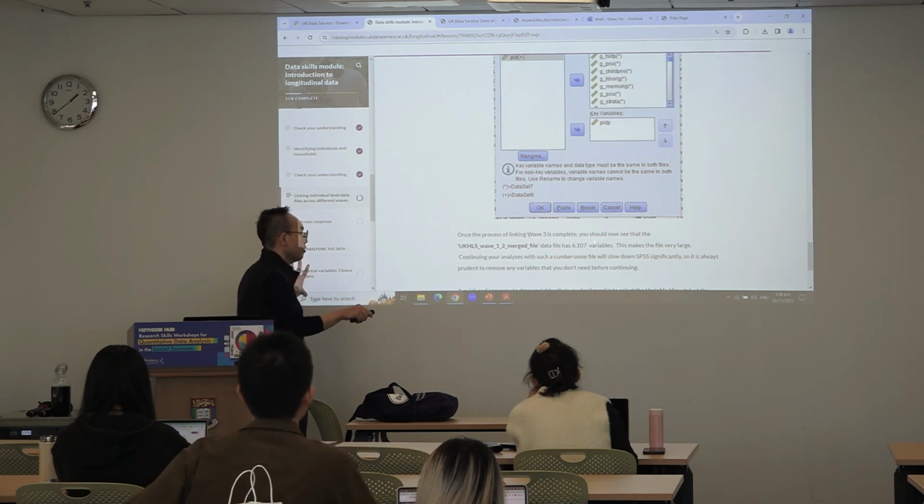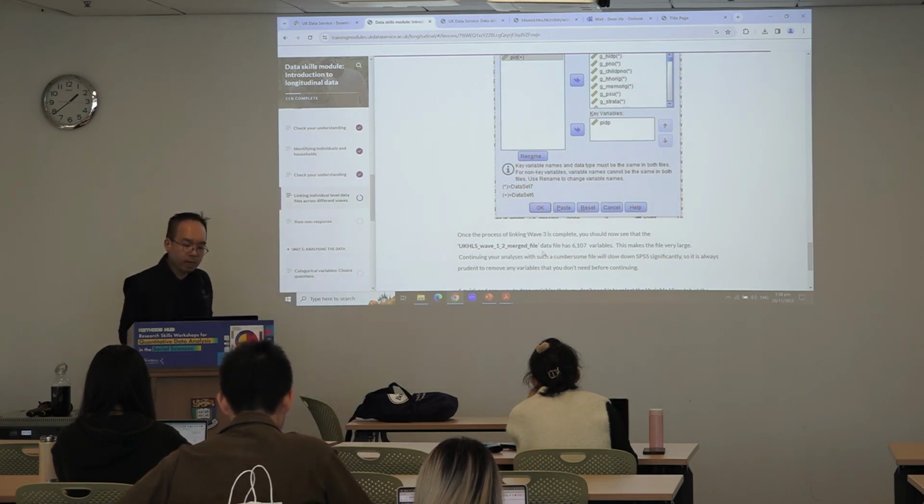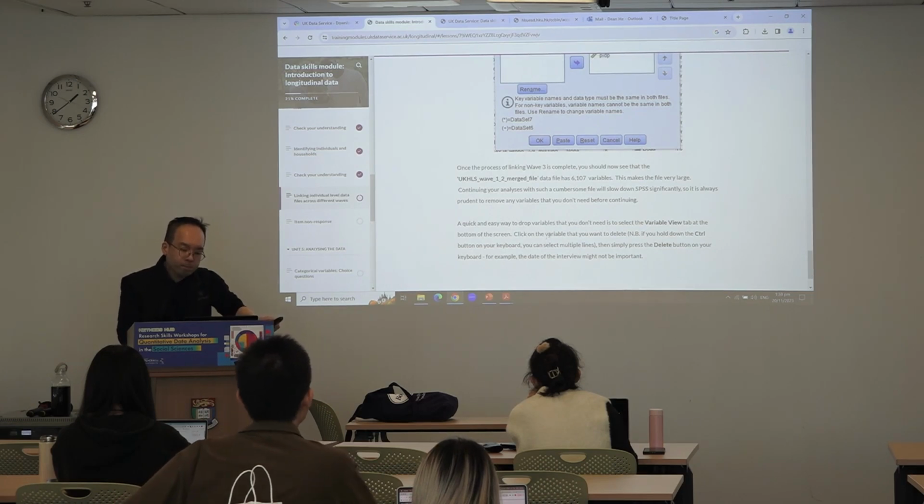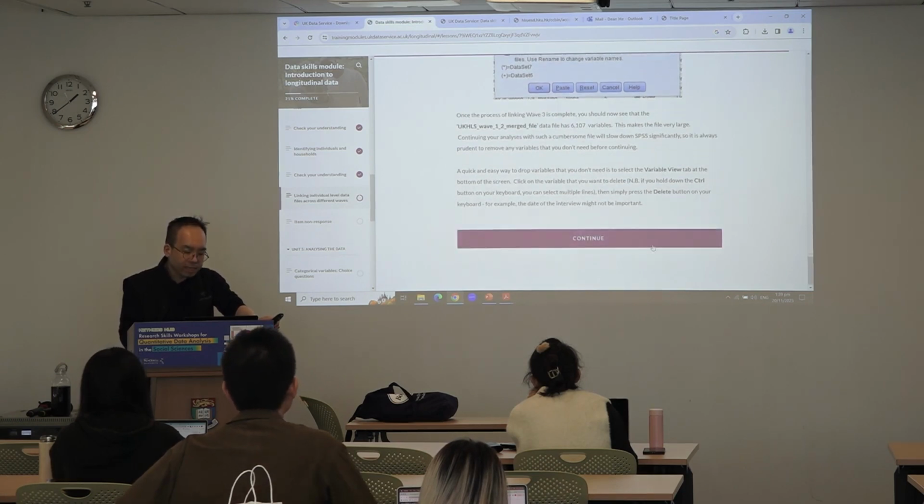The final merged file has this many variables, and this makes the file very large, okay? But then you can do the analysis afterwards. You can drop a variable by simply deleting it from your data set.